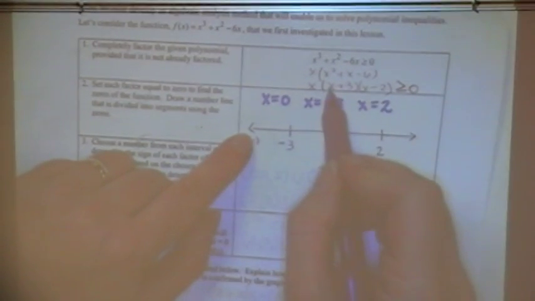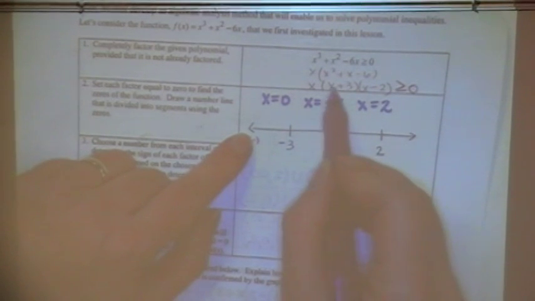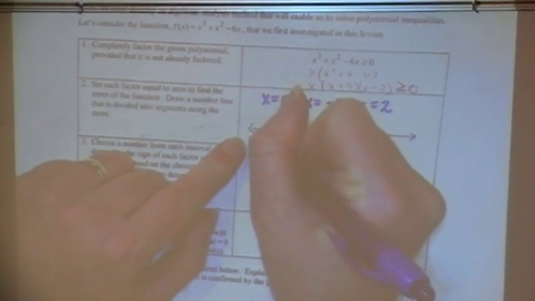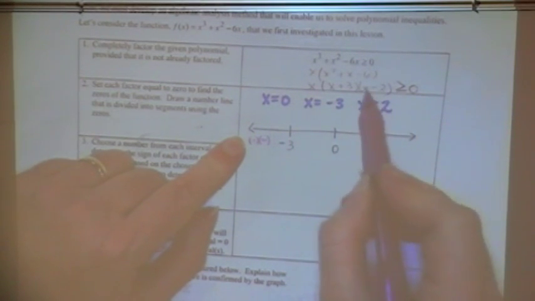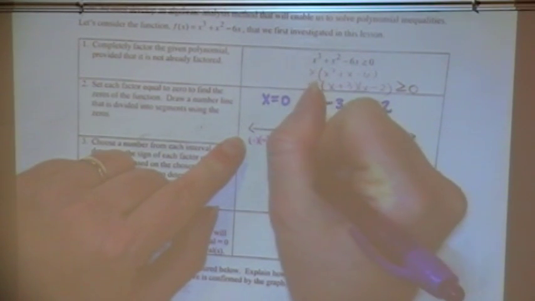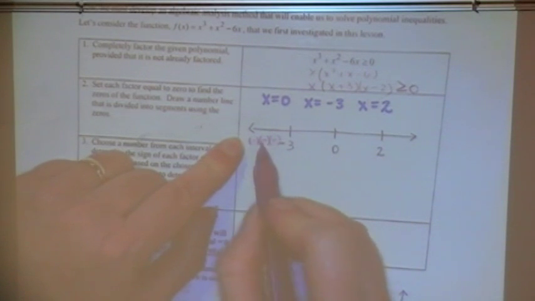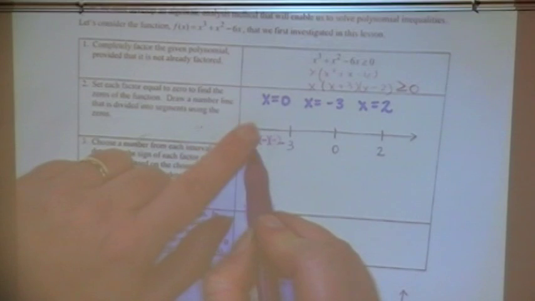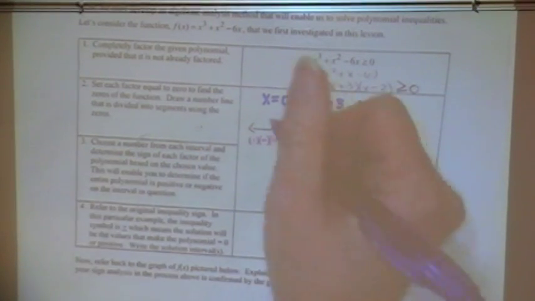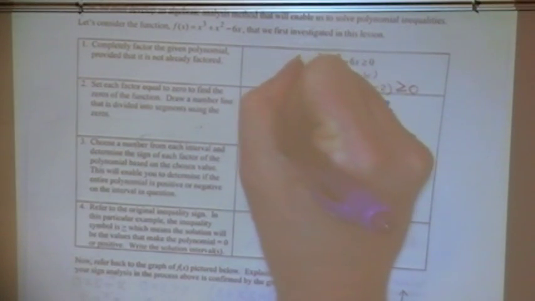If I plug -4 in this piece will come out negative. And if I plug a -4 in this last piece, it also comes out negative. Well, 3 negatives, a negative and a negative, these first two will become positive, but then you multiply by another negative. This entire region is going to be negative.